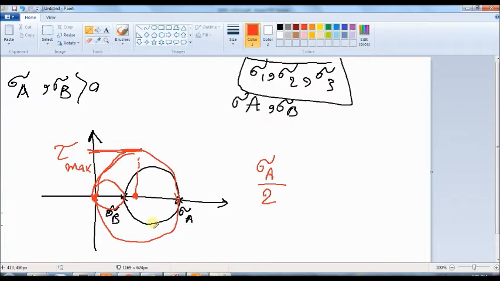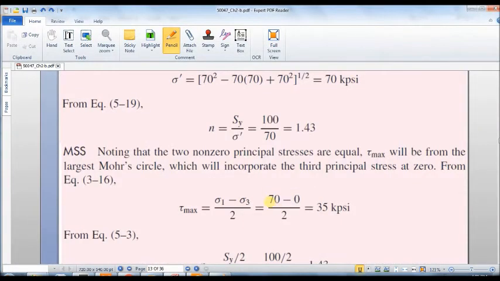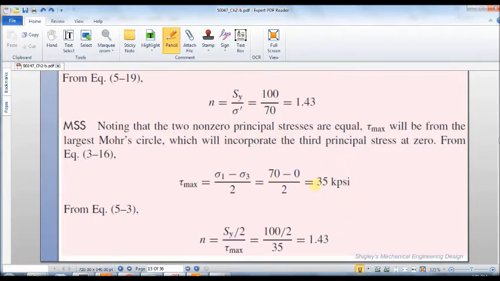And I should say that the maximum shear stress is sigma A minus the third one, which is 0, divided by 2. So that means 70 minus 0 divided by 2. The maximum shear stress is 35 kpsi.